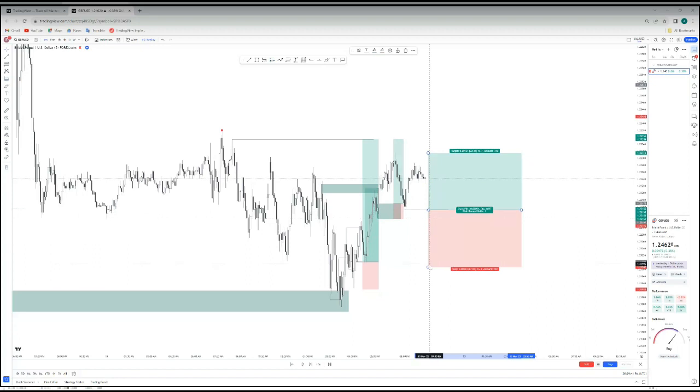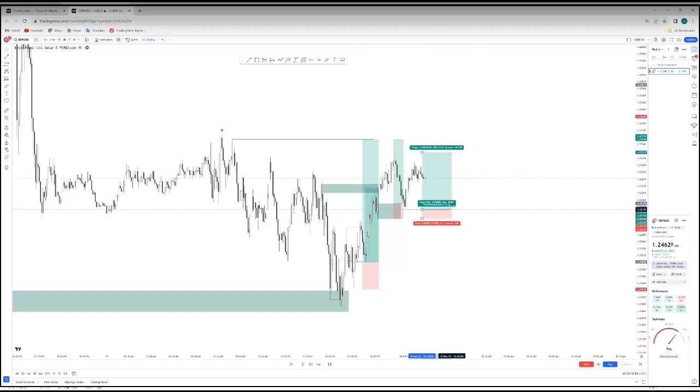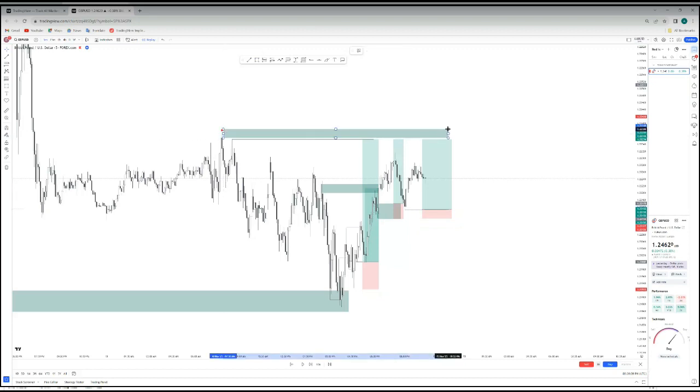Some will call it RTO, return to order block. So now let's see. I'm not going higher. I'm still targeting this place because I have my point of interest right here, and this place can push price back down. So let's see.